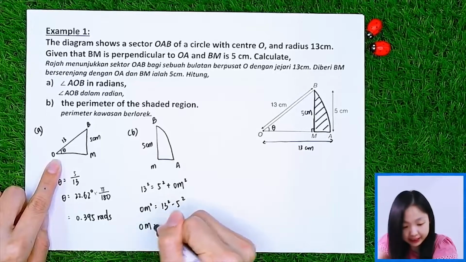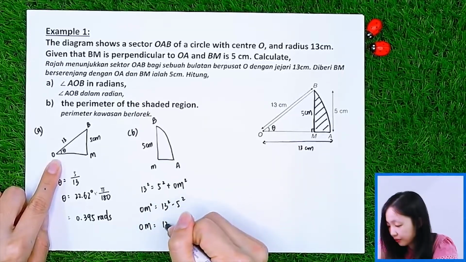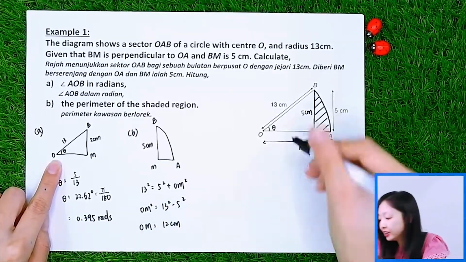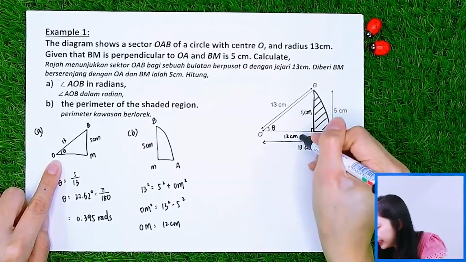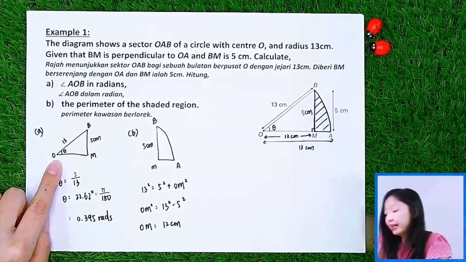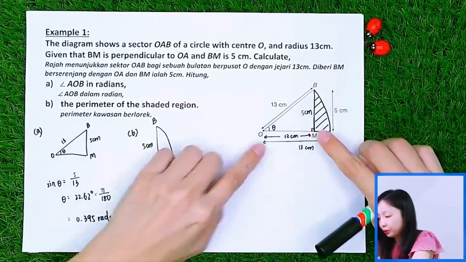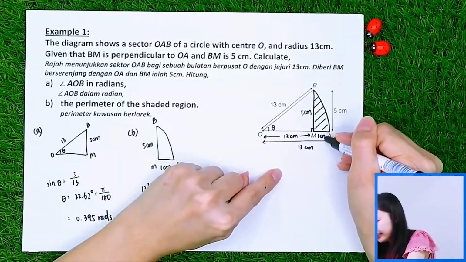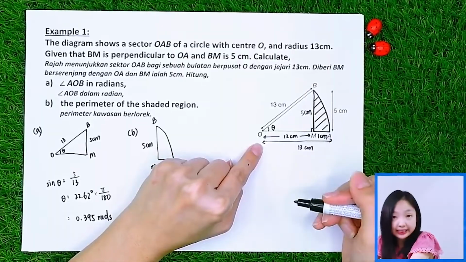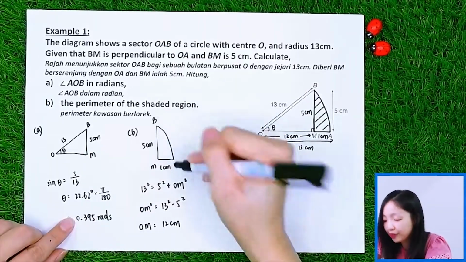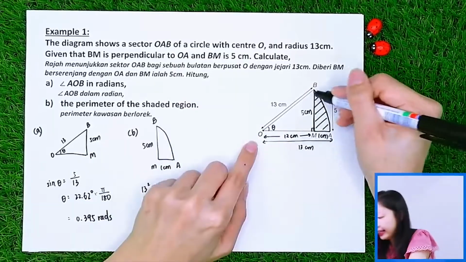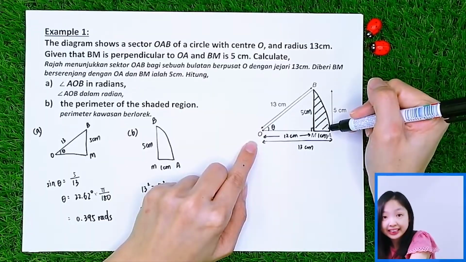So OM equals 12 cm. Here is 12 cm. Do you know how much is the AM? Yes, 1 cm, because 12 plus 1 cm equals 13 cm. So now we have to find our BA. BA is the arc of the sector.